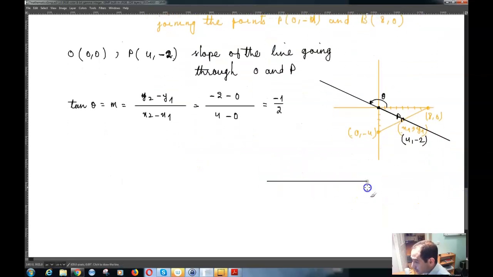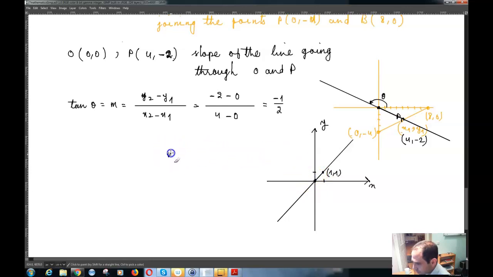Meaning that, for example, let's say that this is your x-axis and this is your y-axis, and you have 1 and 1 over here. If this line goes through the origin this way, then 1, 1 is a point on the line, and it does go through the origin.